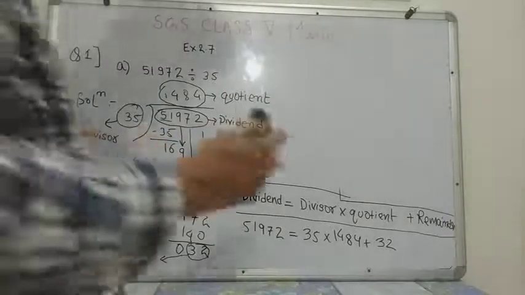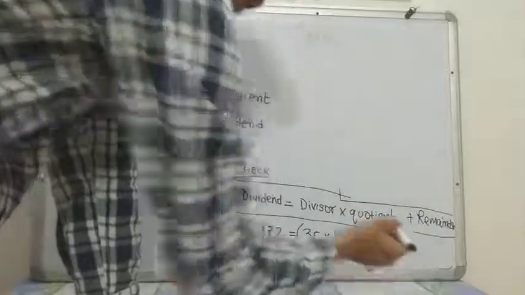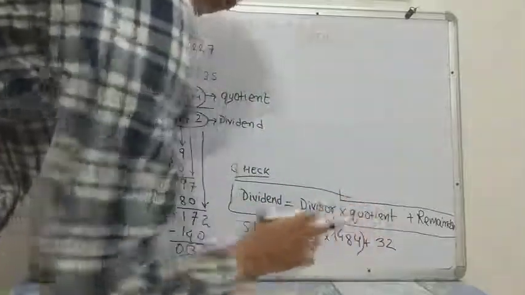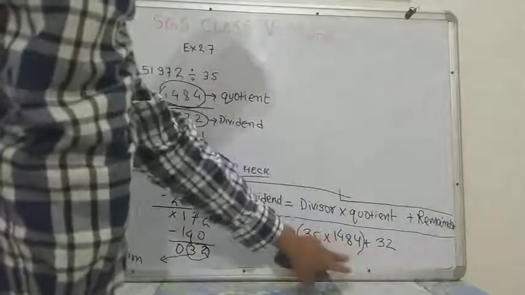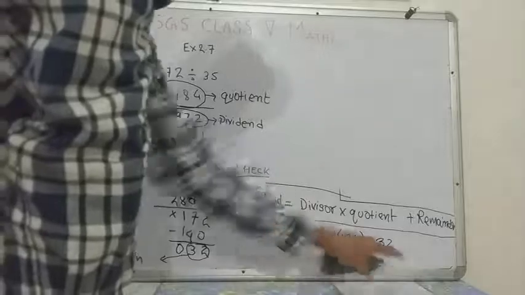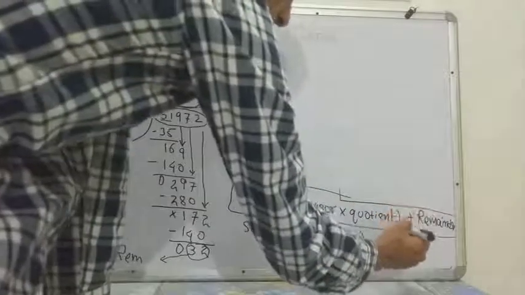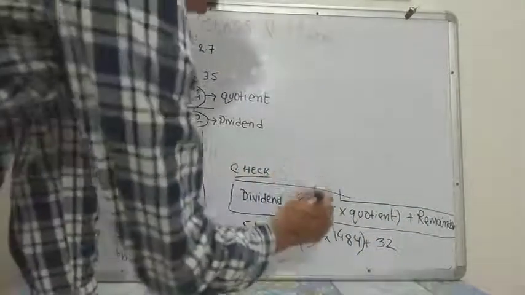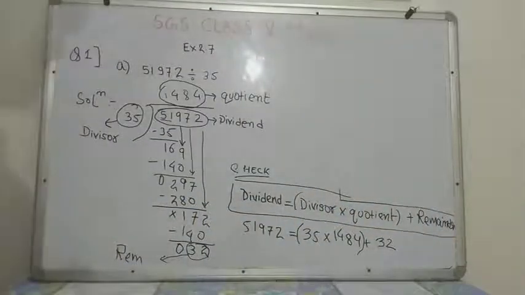Always multiply this part first, then add 32. This is the rule called BODMAS. So never add these two first, always multiply first, then add. For better clarification I will put a bracket so that you can understand you have to solve this part first, and after that add the remainder.